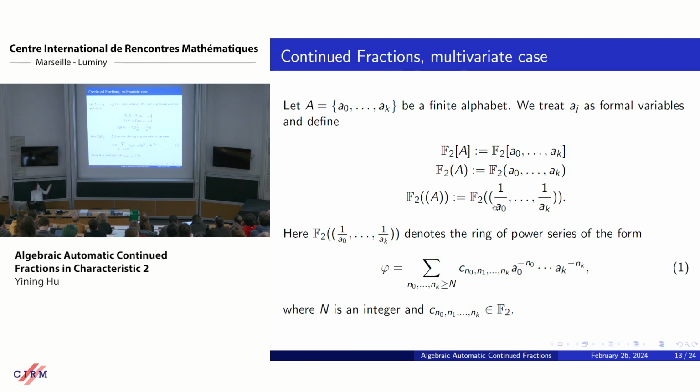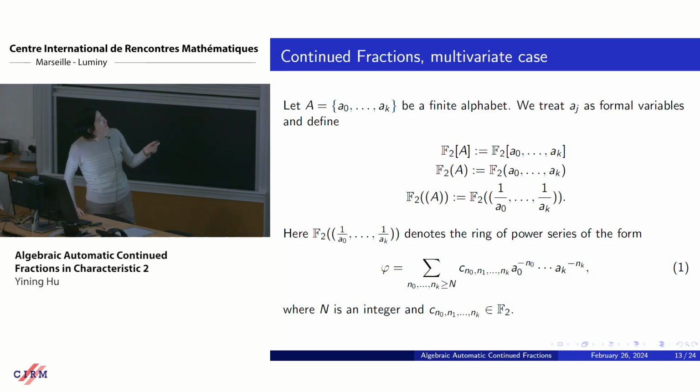Here A is the finite alphabet where my sequence takes values in, and all the letters are treated as formal variables.